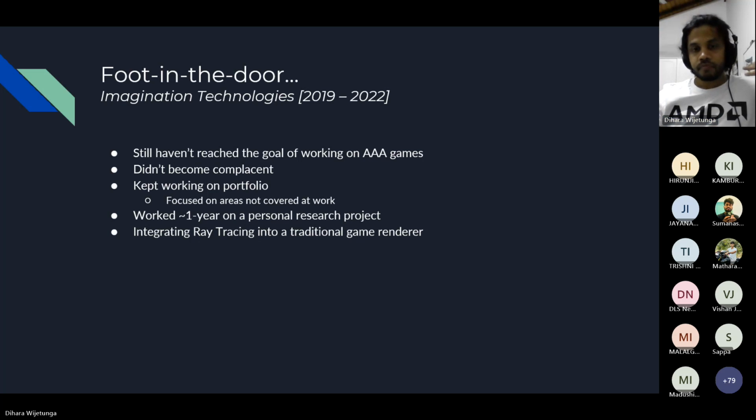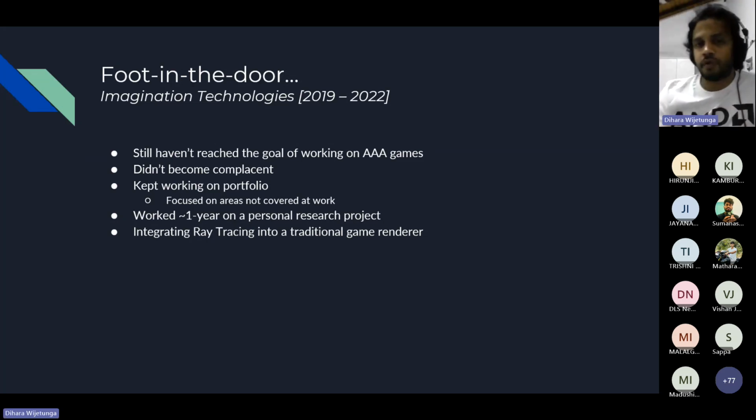So what I did was in my spare time, I spent roughly 1 year doing personal research during COVID, actually. Once we went into lockdown, I was stuck in my own apartment for like 2 years. So I just took that time to do some research, and I did a little research project where I was integrating ray tracing into a traditional game graphics pipeline.